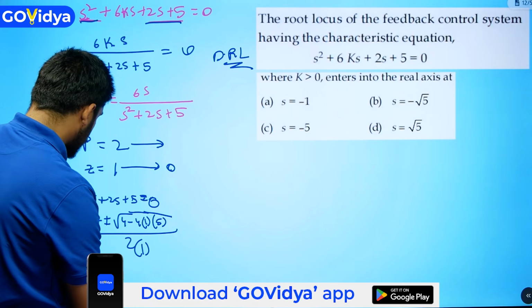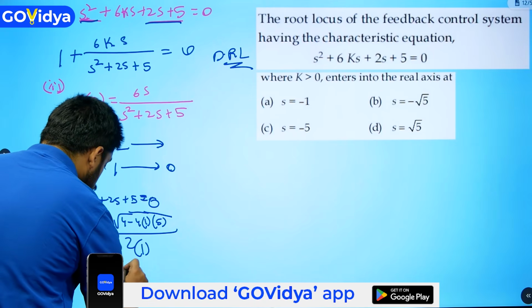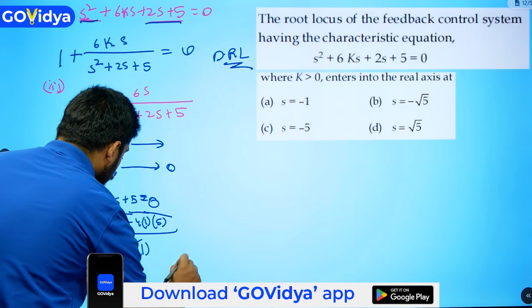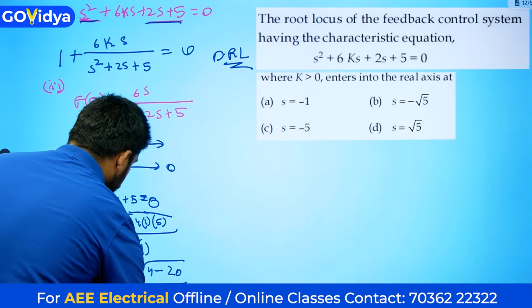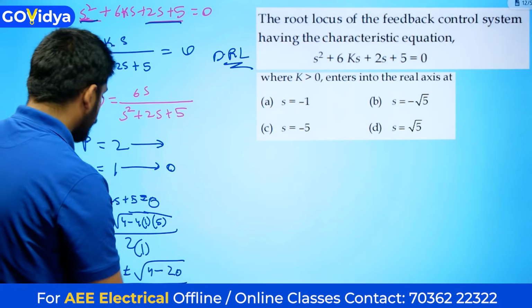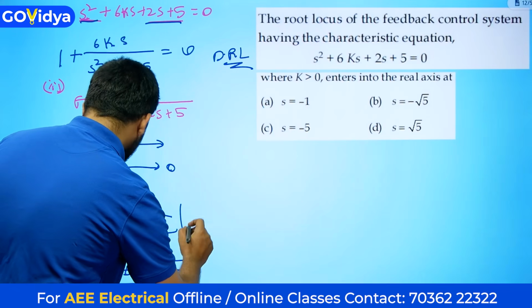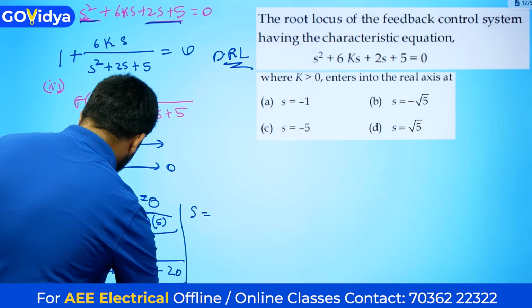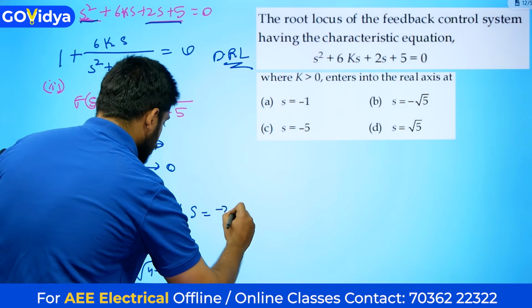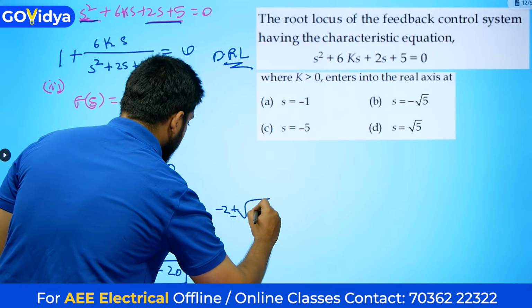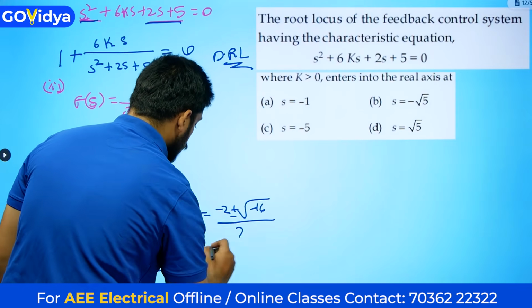So the s value will be minus 2 plus or minus root of 4 minus 20 divided by 2. So s is equal to minus 2 plus or minus root of minus 16 by 2.